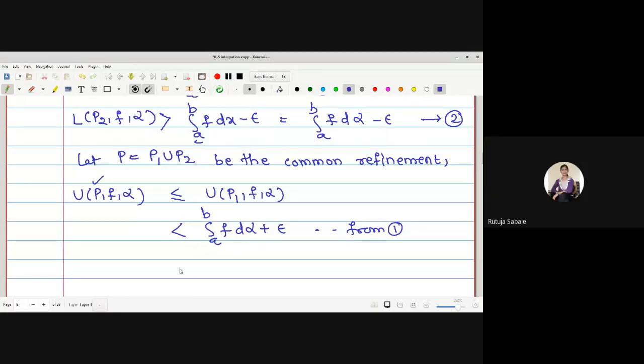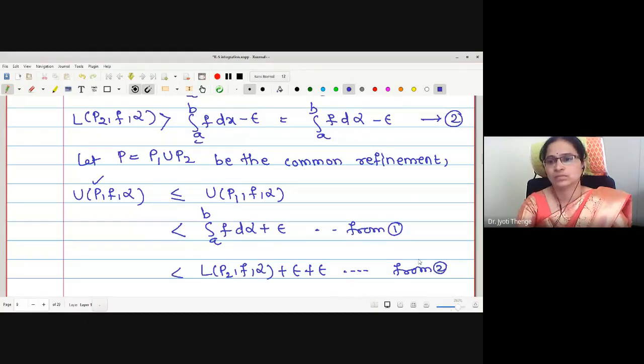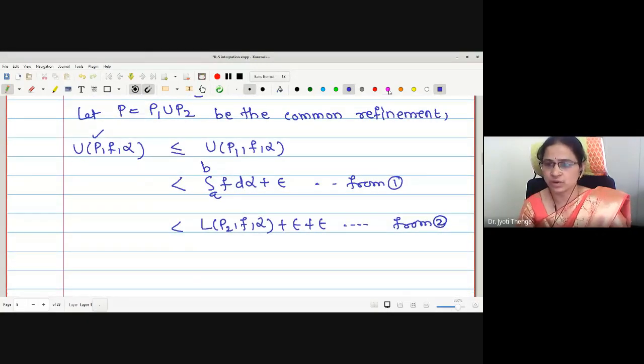Therefore I may write this is L(P2, f, alpha) plus epsilon plus epsilon. How is it from 2? L(P2, f, alpha) is strictly less than the integration from a to b of f d alpha minus epsilon.